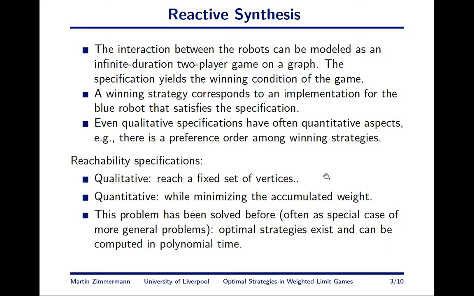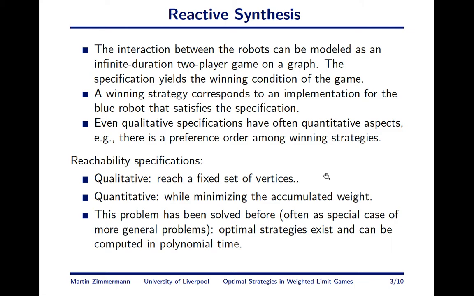And the quantitative aspect could, as mentioned, be minimize the accumulated weight along the edges through the graph. And this problem has been solved before, and oftentimes as a special case of more general problems. And what is known is that optimal strategies exist in any game, and they can be computed in polynomial time if the arena is finite.